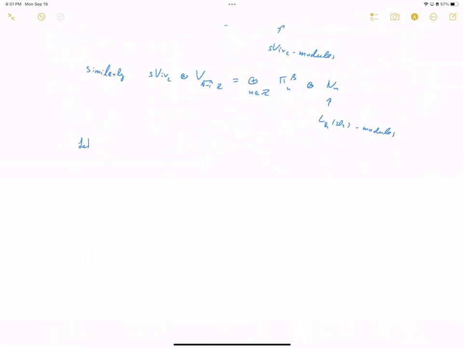So first of all, let me tell you the general picture. I take two rank 1 Heisenberg VOAs. I call them A plus and A minus.